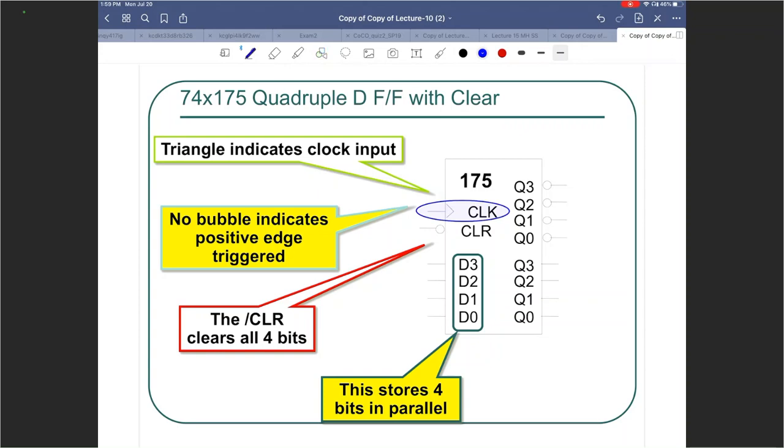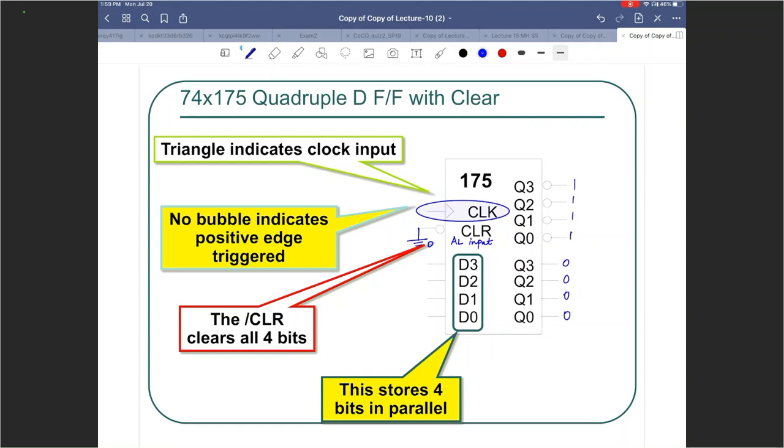So that's what I look at next. It's an active low input, which essentially means that if you connect this guy to ground, right there all the Qs go to 0 and all the Q complements go to 1.